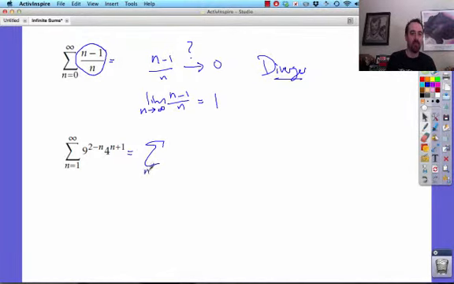All right, so I'm going to rewrite it as the sum from n equals 1 to infinity of 9 squared times 9 to the negative n times 4 to the n times 4 to the 1. Okay, well, so we have a 4 and a 9 squared. I'm going to pull those out front: 9 squared times 4.